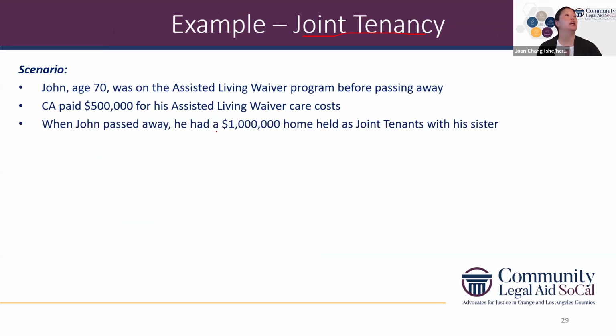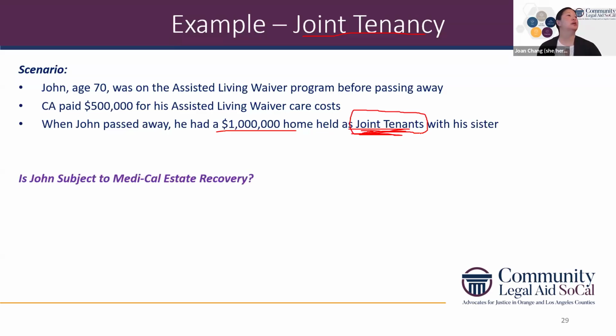When John passed away, he had a $1 million home held as joint tenants with his sister. So his sister and John were on the title of the home as joint tenants specifically. Is John subject to Medi-Cal Estate Recovery? Yes or no? 50-50 chance.